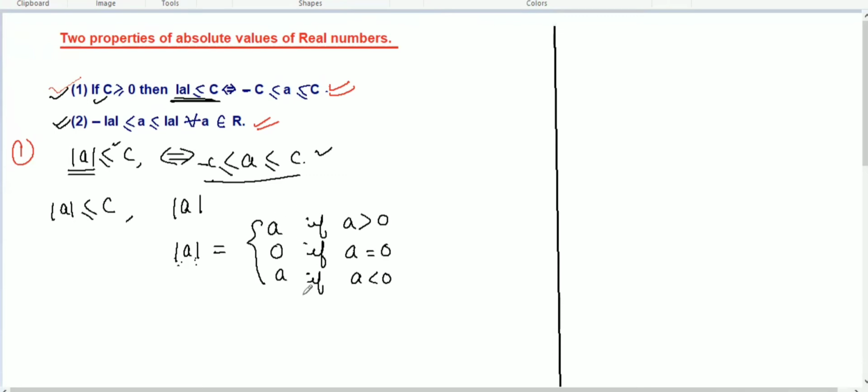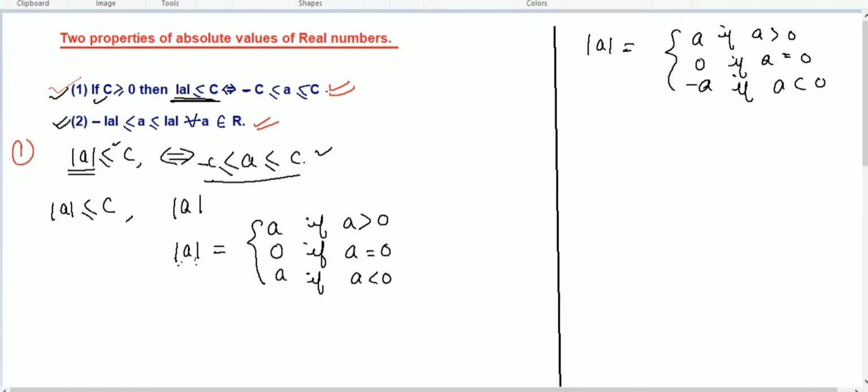Here is another thing to understand. You can see the absolute value of a will give you a if a is greater than 0, equal to 0 if a equals 0, and minus a if a is less than 0.